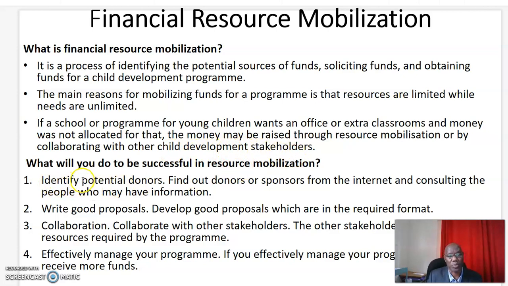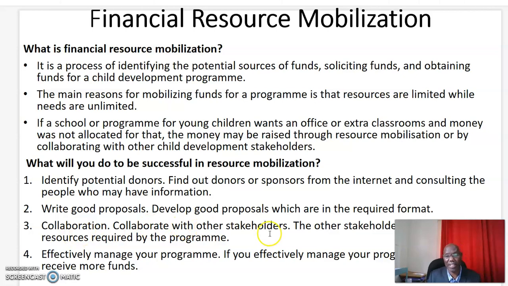So what do you do to be successful in resource mobilization? 1. Identify potential donors. Find donors or sponsors from the internet and by consulting the people who may have information about that. 2. Write a good proposal. Develop a good proposal in the required format, and then send it to potential donors. 3.